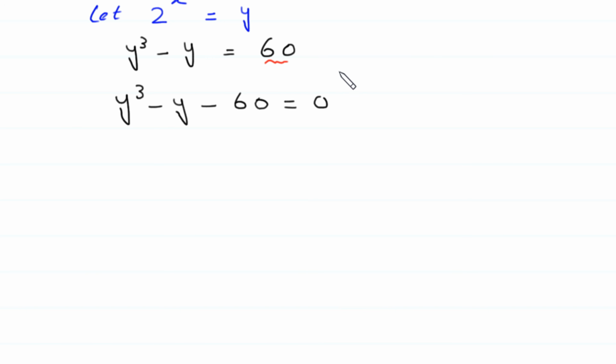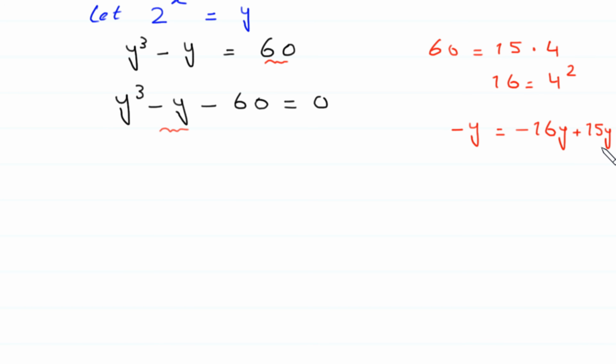Now this 60 is equal to 15 times 4, and square of 4 is equal to 16. So we split this negative y as minus 16y plus 15y.